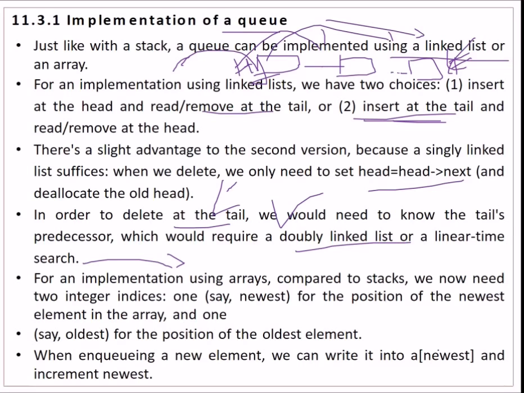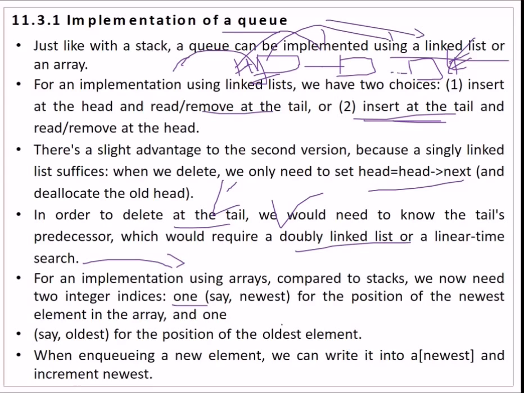When we are trying to use arrays, compared to stacks, we now need two integer indices: one for the position of the newest element in the array, and one for the position of the oldest element.